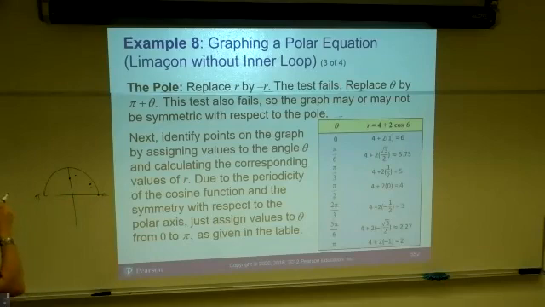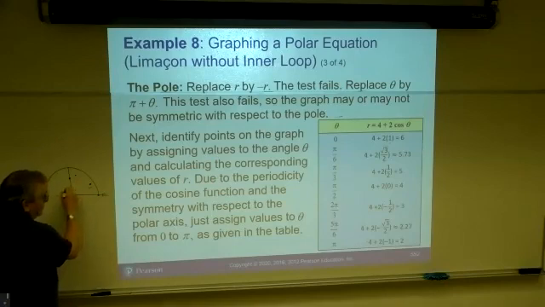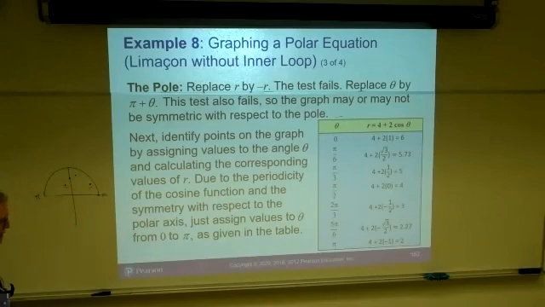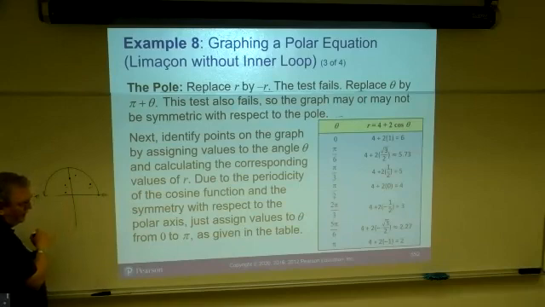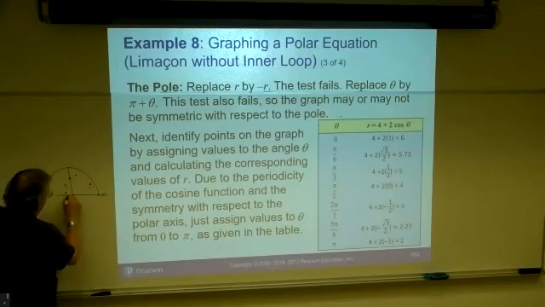And then at 2 pi over 3, it's at 3. Radius is 3, a little bit further out. And then at 5 pi over 6, it's at 2.27, so at this one it's going to be about here. And then at pi, it's at 2. So this half of it kind of goes like that.